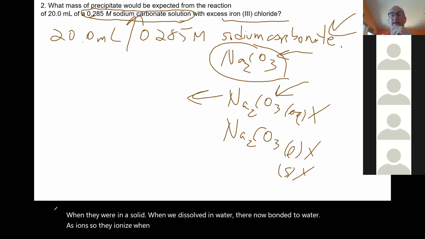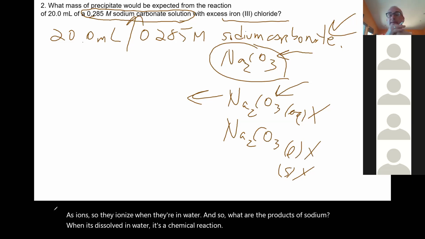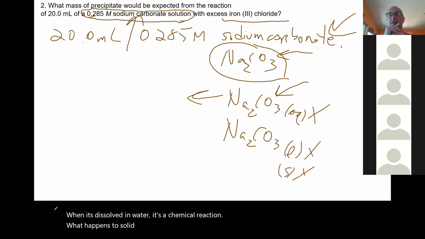And so what are the products of sodium carbonate when it's dissolved in water? It's a chemical reaction. What happens to solid sodium carbonate when I dissolve it into water? Someone had it right. It forms ions. The question is what ions?